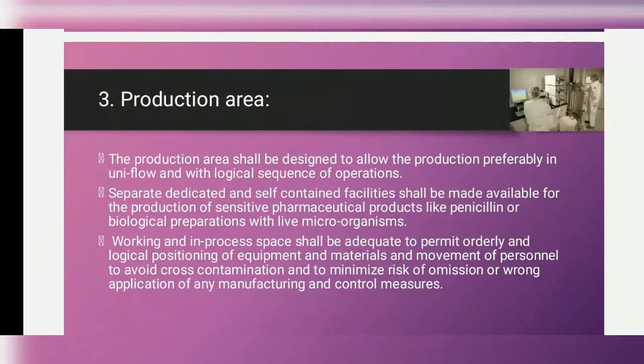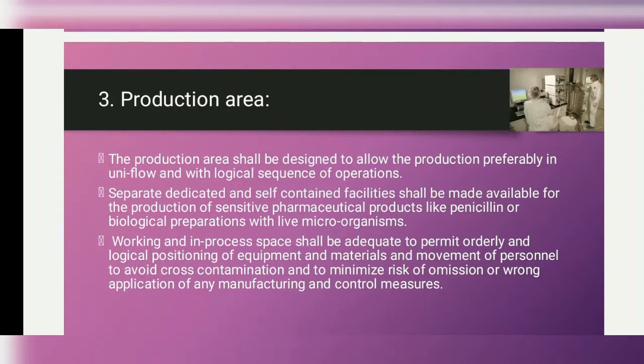The production area must be designed to allow the production preferably in one directional flow and also with logical sequence of operations. Separate, dedicated and self-contained facilities must be available for production of sensitive pharmaceutical products like penicillin or biological preparations with live microorganisms.